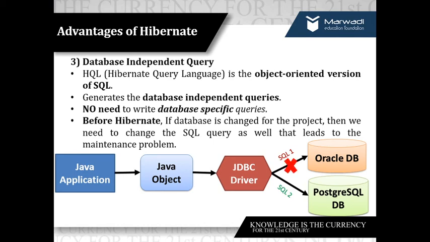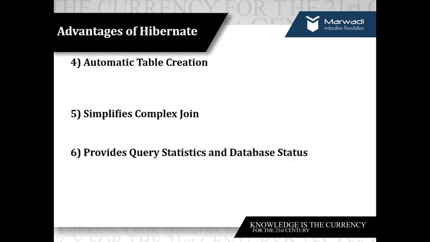This particular older SQL will not work. So in that case you need to change this Java application from scratch. Yes, that was the biggest issue. You needed to change the whole SQL part from the whole application. That does not happen in Hibernate. That is the biggest advantage of Hibernate, because it generates database independent queries.